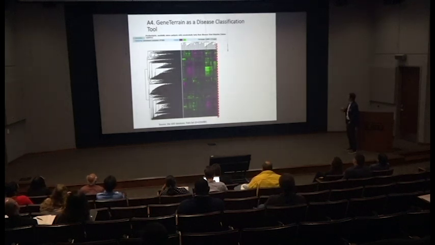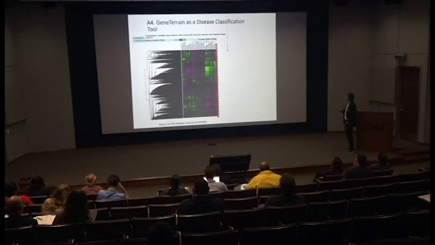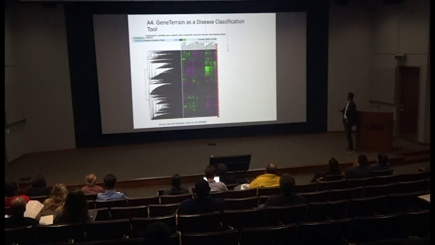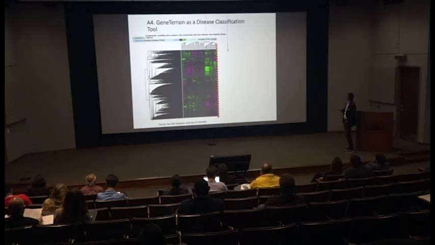And then the last example I want to show is that it can also be used as a disease classification tool. In this particular study, we look at the GEO database of non-alcoholic fatty liver disease samples. In that database, they have liver biopsies of normal, obese, liver fibrosis, and the NASH patients.